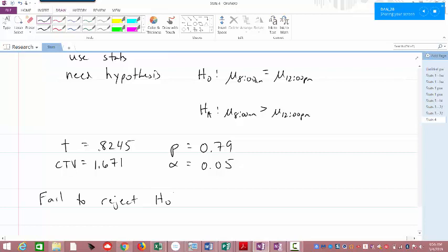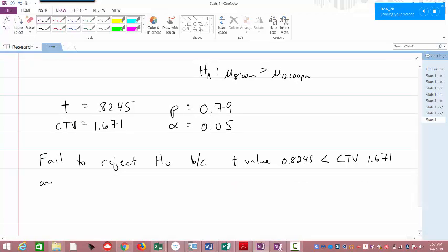We fail to reject H0 because our t-value of 0.8245 is less than our critical table value of 1.671, and our p of 0.79 is greater than our alpha of 0.05.